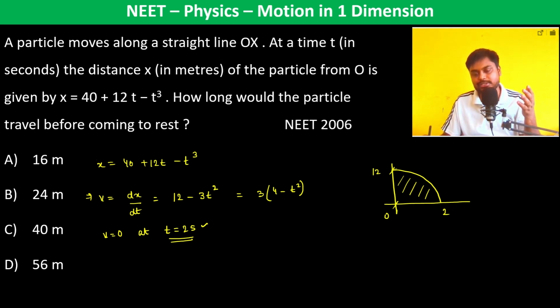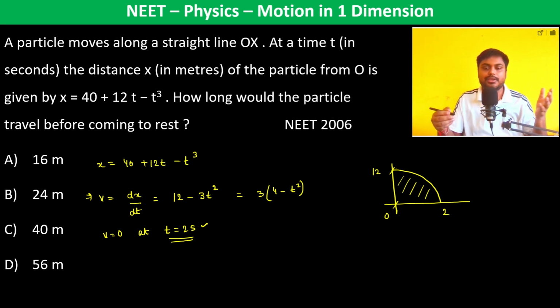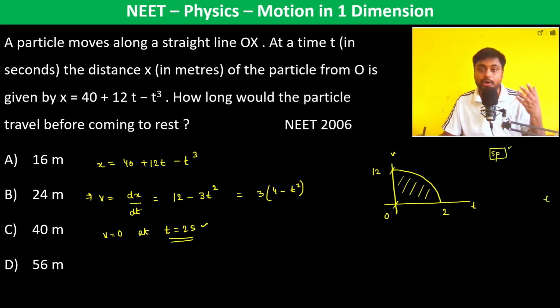or in another sense, the velocity time graph and even the speed time graph are going to be same, because the speed time graph is mod of velocity time graph. So therefore what we can do is we can just find out x.